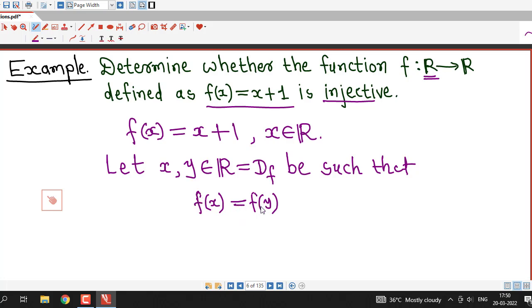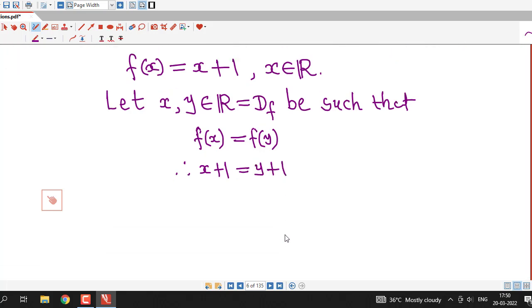Now if function is one-to-one, then x and y must be equal. If function is one-to-one, then we have to show that f(x) equal to f(y) implies x equal to y. Now f(x) is given by x plus 1, so here we write x plus 1 equal to f(y) will be equal to y plus 1, and we can see 1 will cancel out and we will obtain x equal to y.